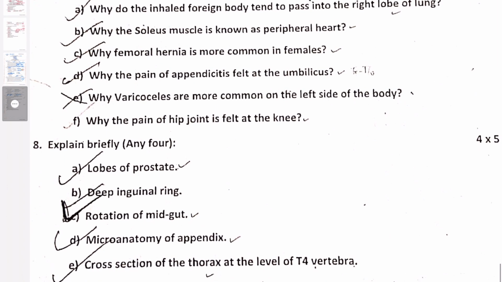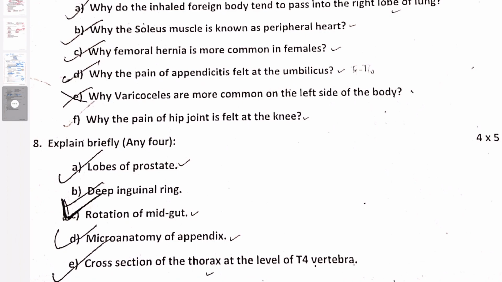Why is the pain of the hip joint felt at the knee? So simple. Hip joint and knee joint have a common nerve supply, and remember that the femoral nerve, through the nerve to rectus femoris, supplies the hip joint, and the femoral nerve, through the nerves to vastus lateralis, vastus medialis, and vastus intermedius, supplies the knee joint.